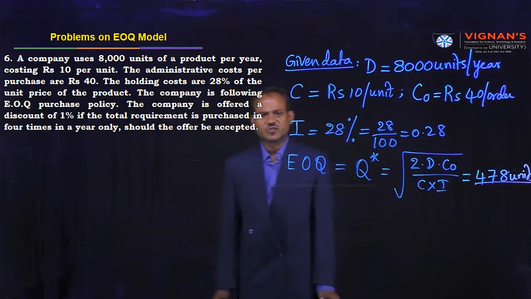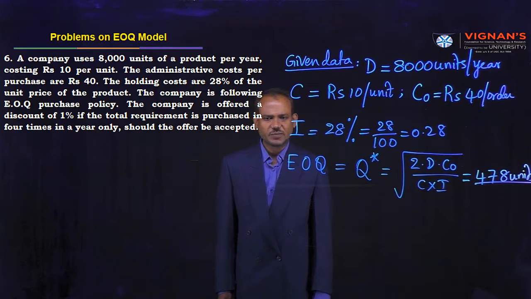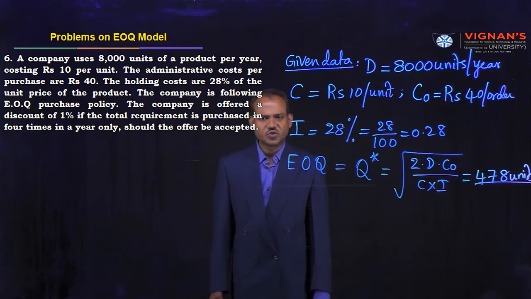Next, read some more information. Next sentence. The company is offered a discount of 1% if the total requirement is purchased in 4 times in a year only. Should the offer be accepted?